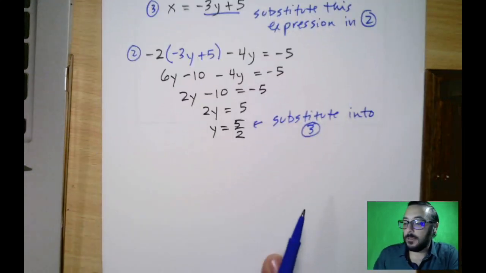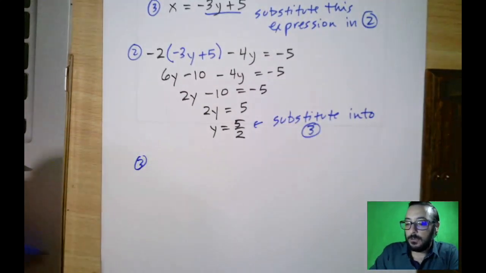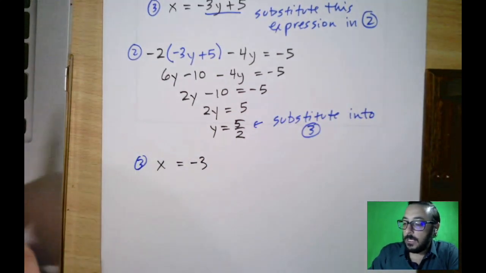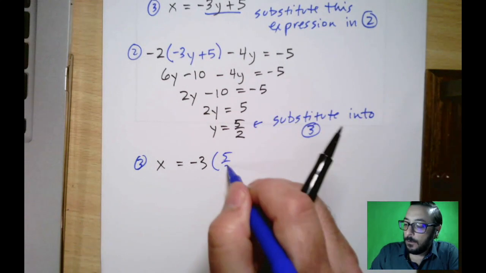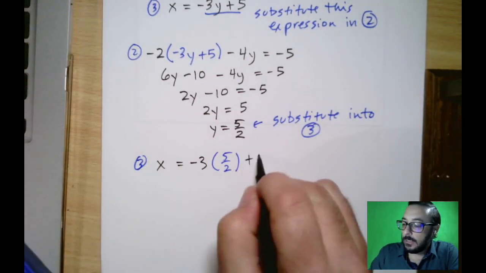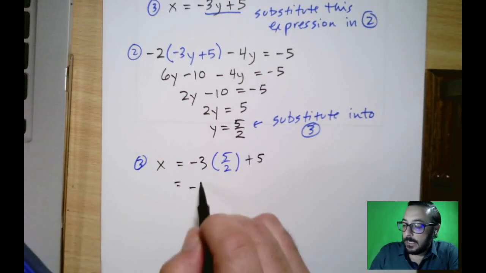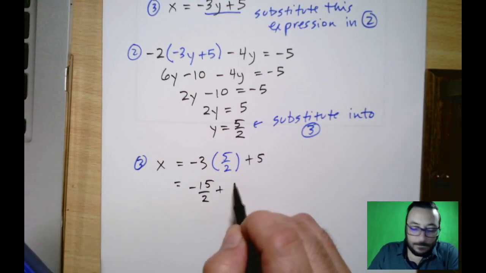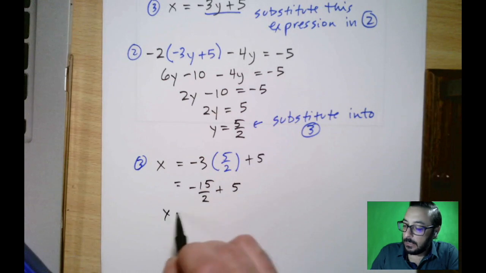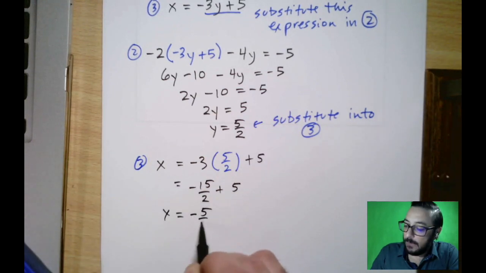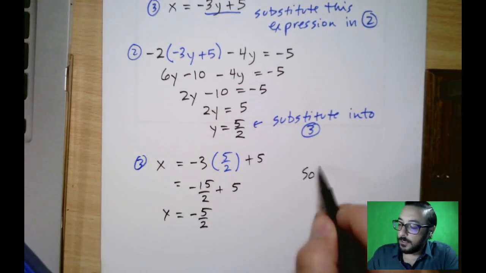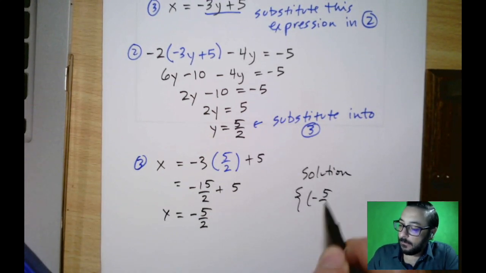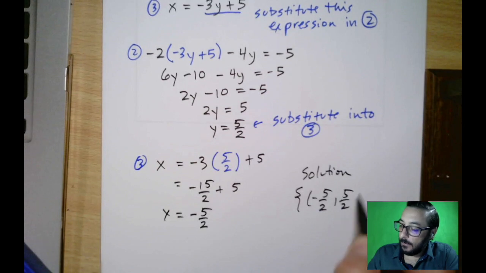So it's going to be x equals negative 3 times 5 over 2 plus 5. That's negative 15 over 2 plus 5. And so x equals negative 5 over 2. And so our solution is negative 5 over 2, positive 5 over 2.